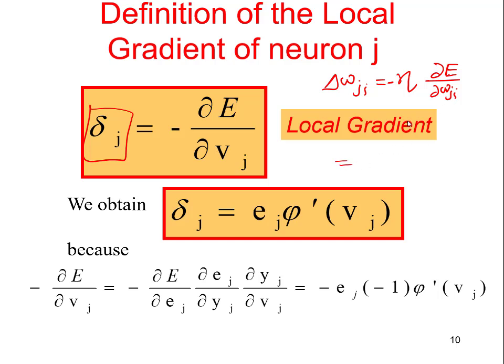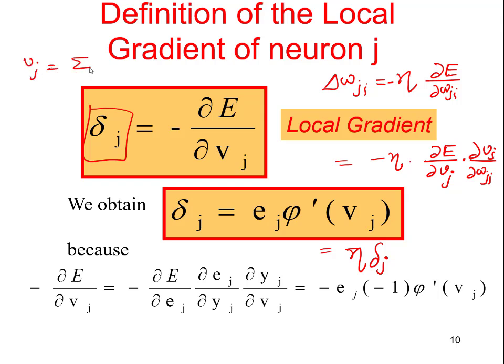So for the jth neuron, if we rewrite this equation in terms of Vj, it will be chain ruled with the weight because it is dependent upon the weight. So we can rewrite the equation as eta times minus delta E by delta Vj, which is delta J. And Vj is also a summation, I equal to 0 to m, of Wji yi, right?